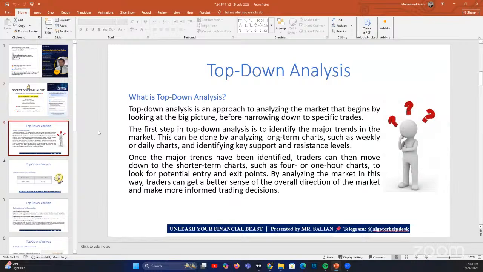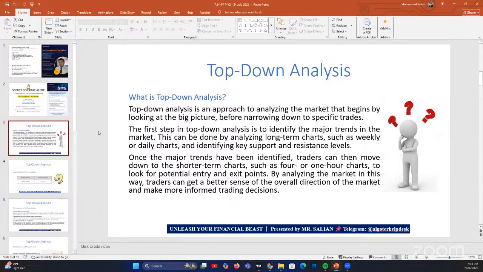So, what is top-down analysis? Top-down analysis is an approach to analyzing the market that begins by looking at the big picture. So, for example, you want to see the grand view of the city, where will you go?